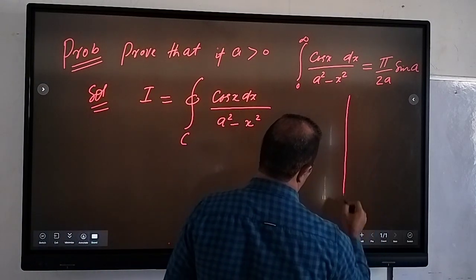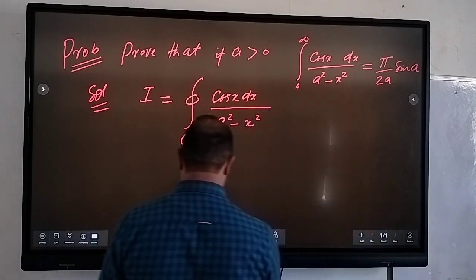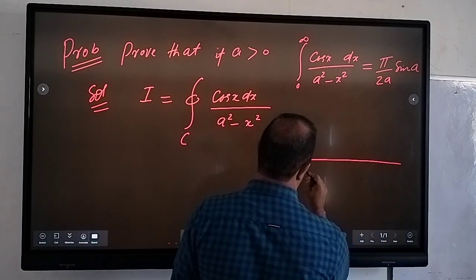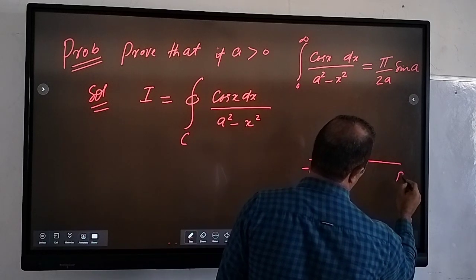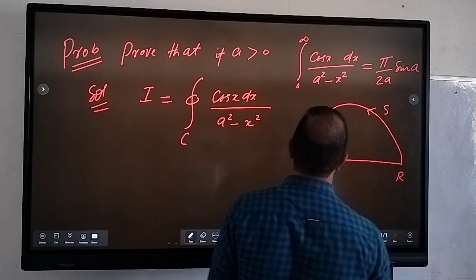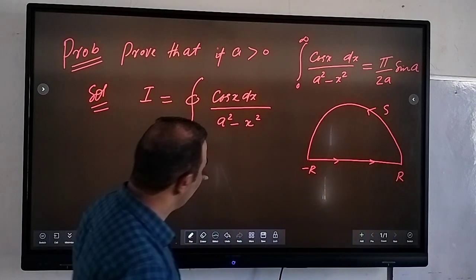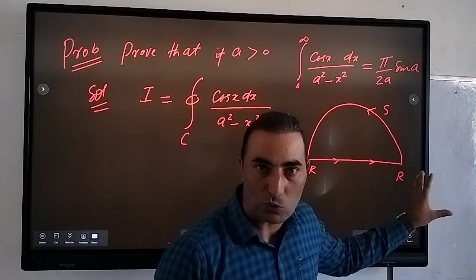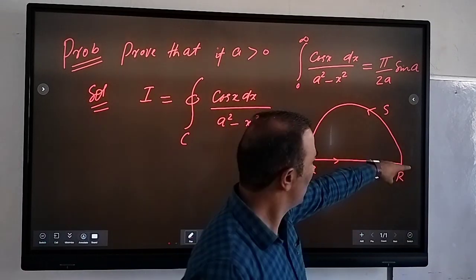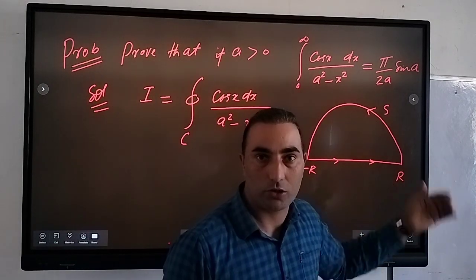So our integration is from minus r to plus r, and this is S, and this basically indicates the closed contour. That closed contour includes both these integrals: one is coming from this curve S, and another is coming from this real axis, which goes from minus r to plus r.